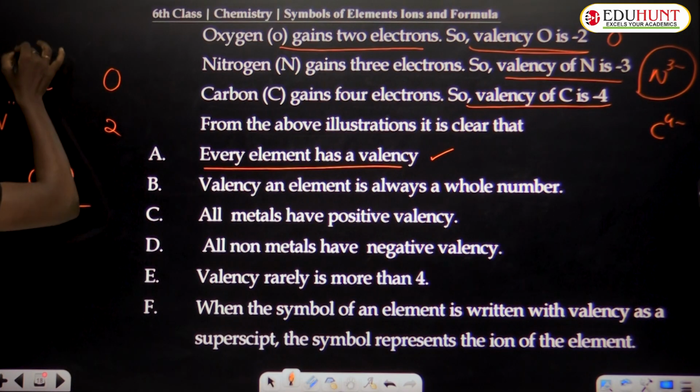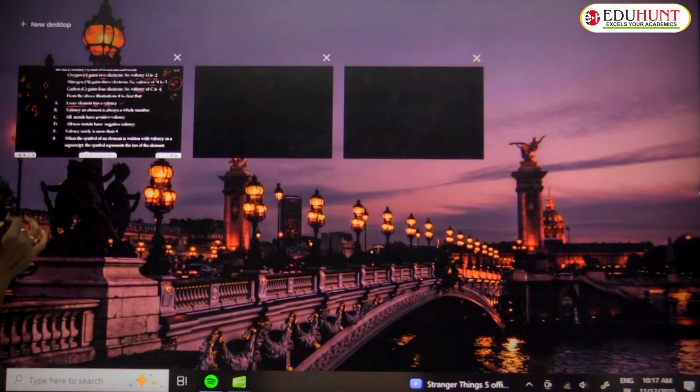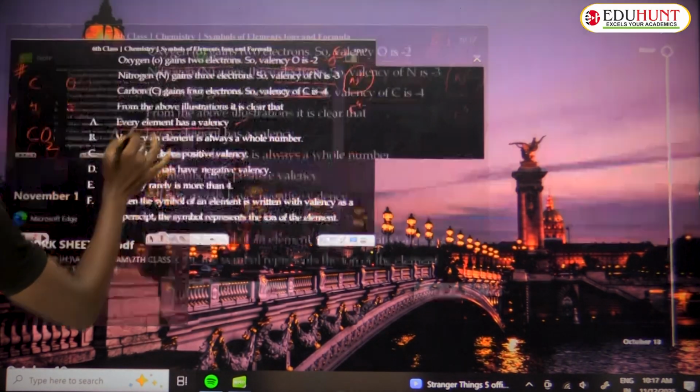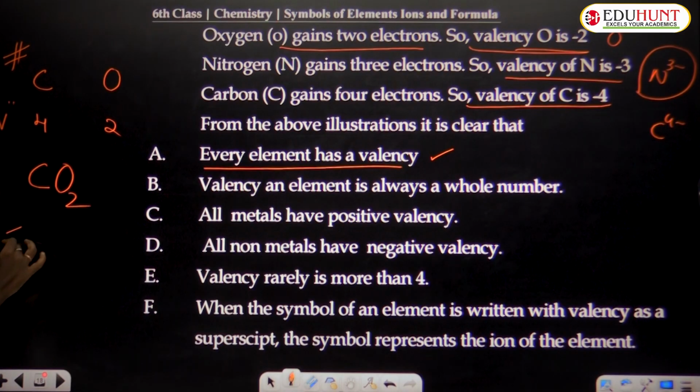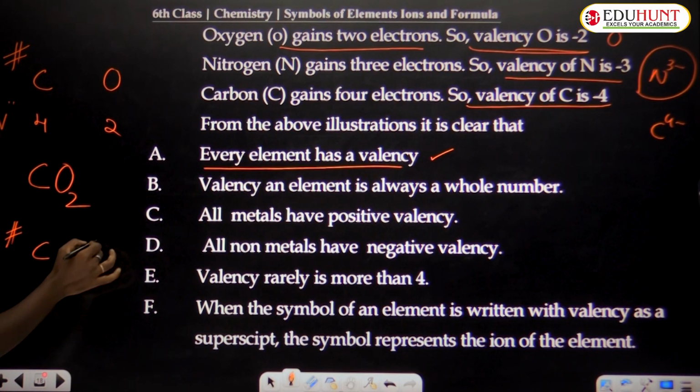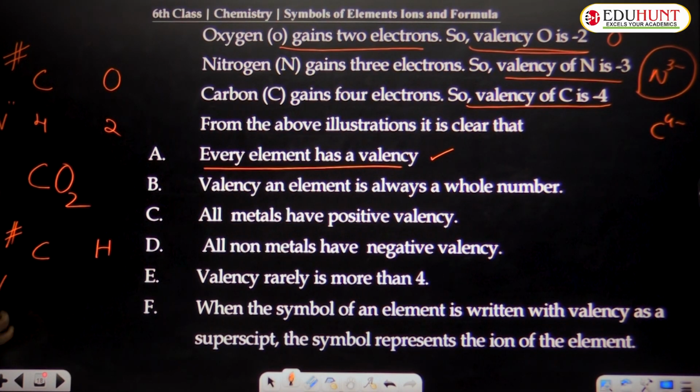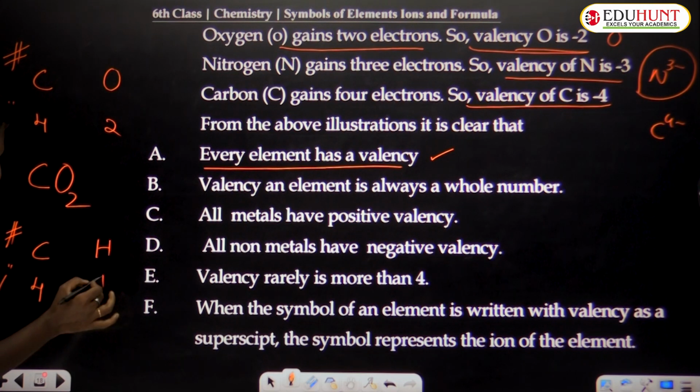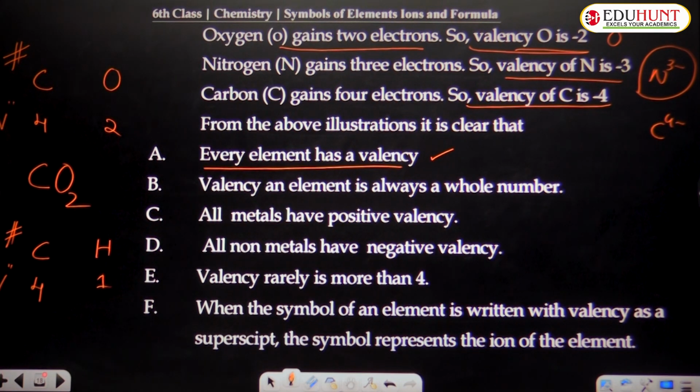Similarly, let me explain one more example. Carbon and hydrogen. What are their respective combining capacities? Carbon has a combining capacity of 4 and hydrogen has a combining capacity of 1. It means the combining capacity of carbon is 4 times that of hydrogen.